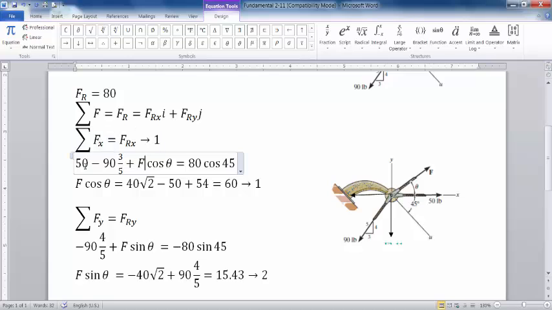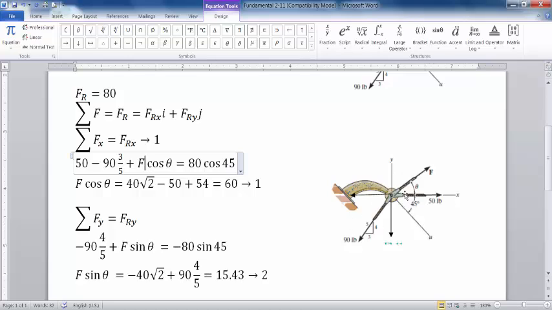For sigma Fx, we have 50 going in x and 90 in the x-axis, which is 90 multiplied by 3 over 5, in the negative because it goes in the negative x-axis, plus F multiplied by cosine theta because F goes in the positive x-axis.